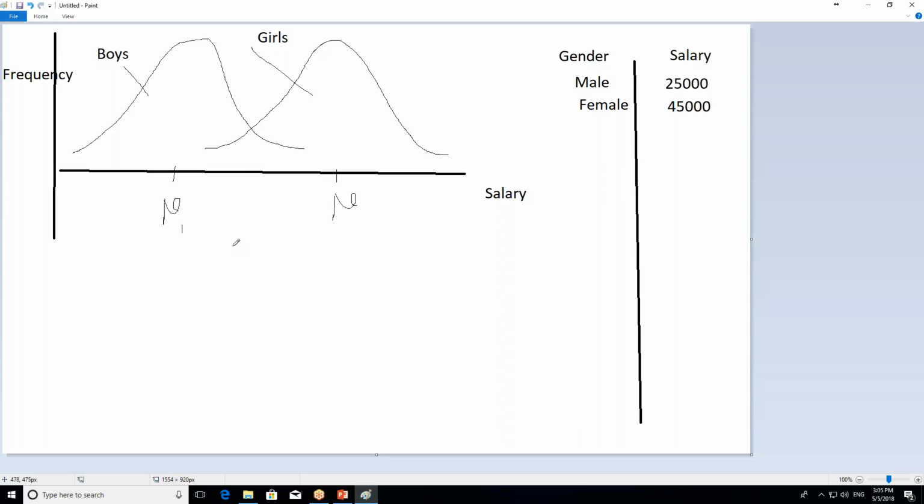That will become my grand mean, right? So mu is mu1 plus mu2, divided by 2.